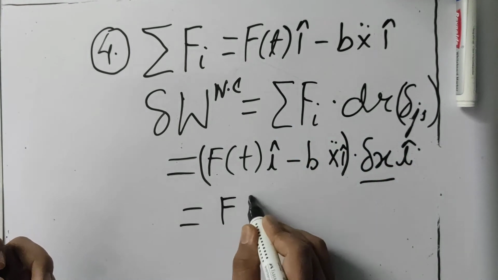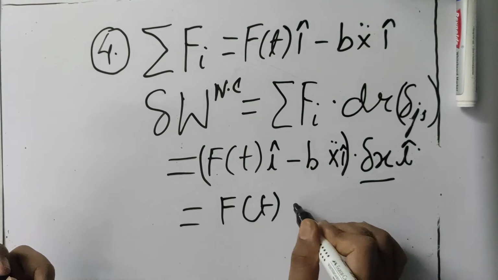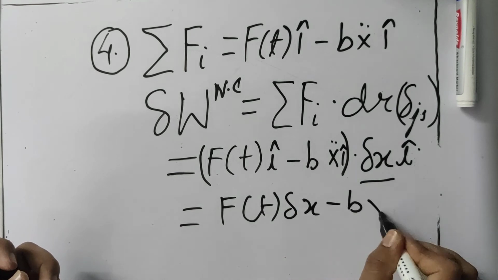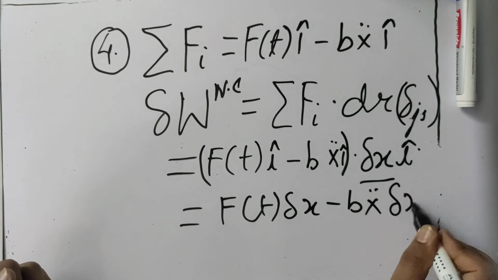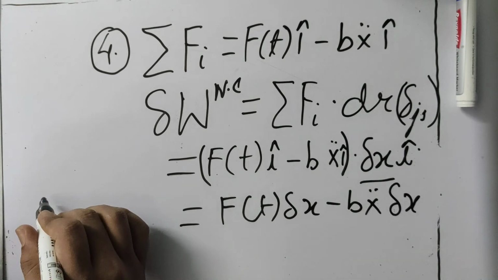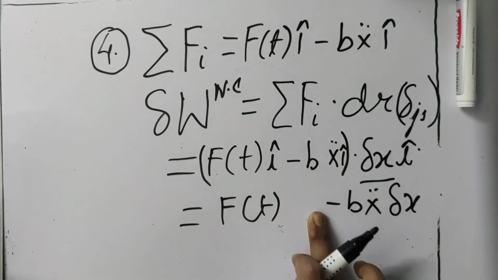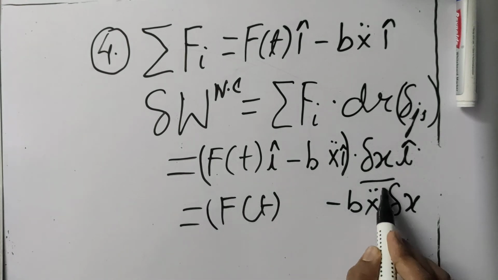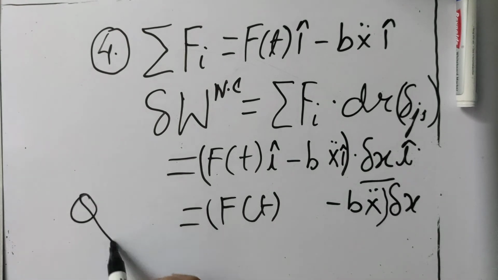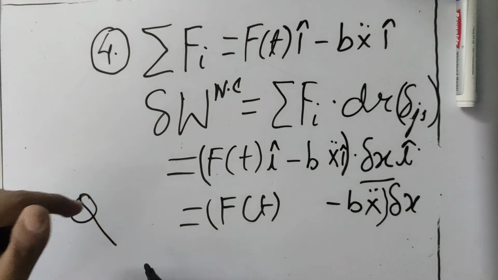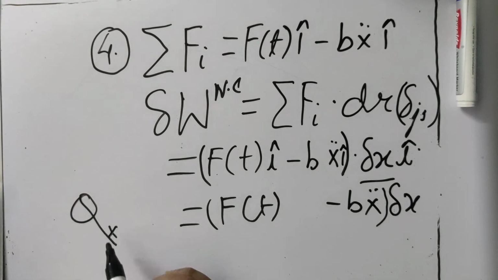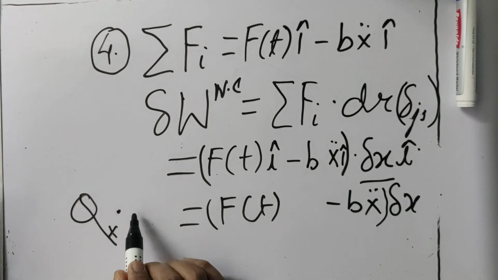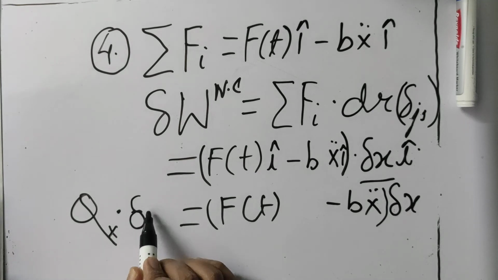So you get f of t del x minus bx double dot del x, and this is equal to, let me take the del x common, so left with this term, and this is equal to your Q. You remember that RHS we wrote Q x dotted with our del x.